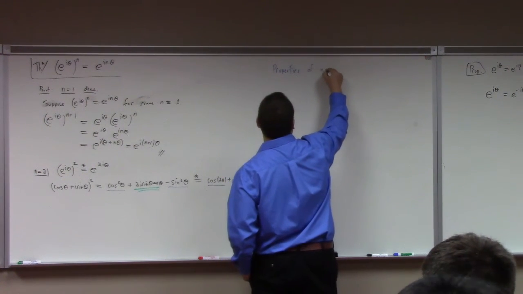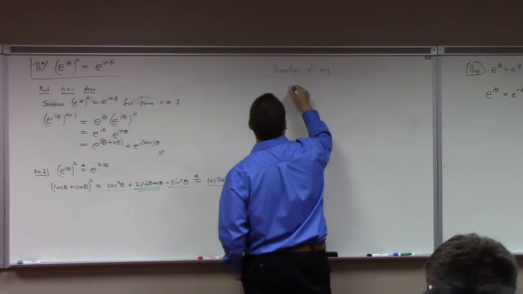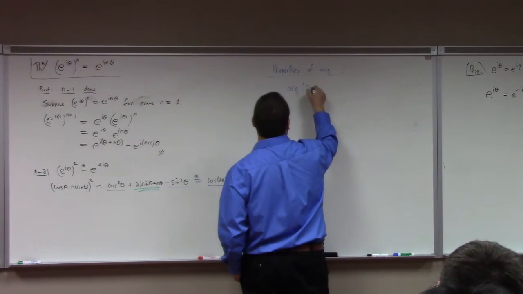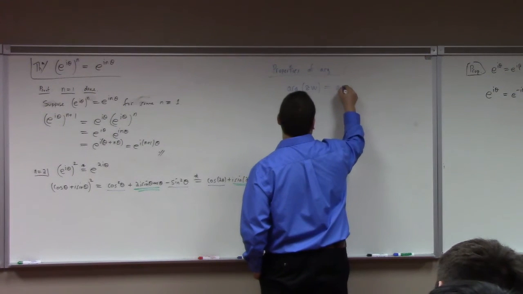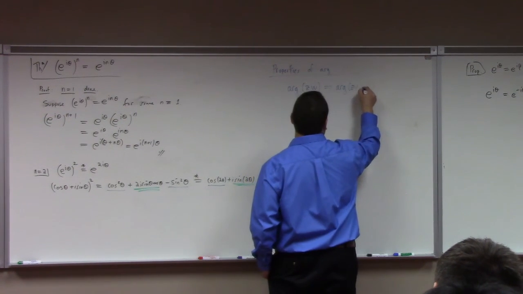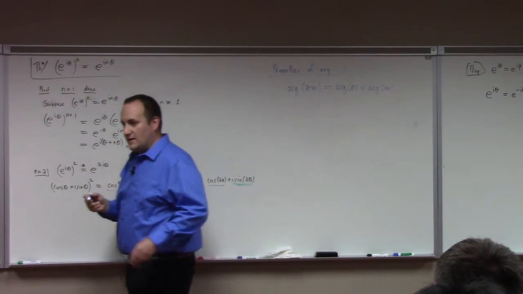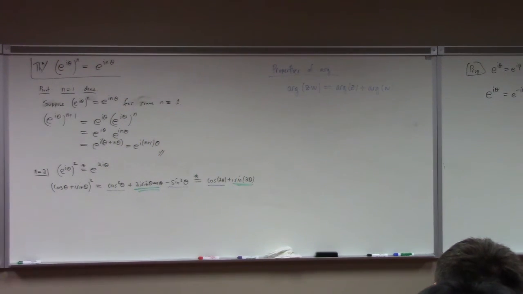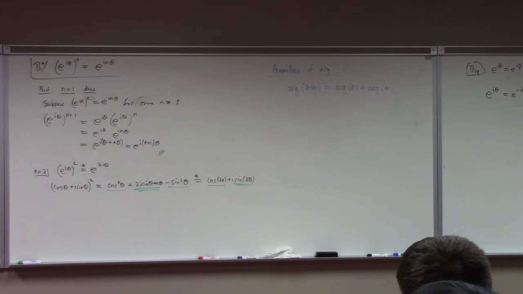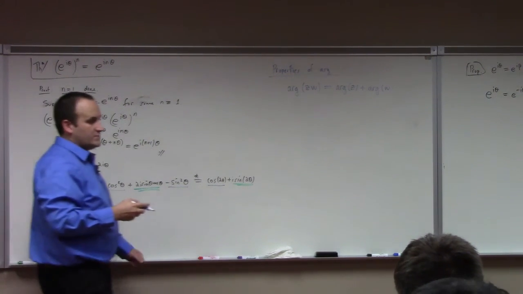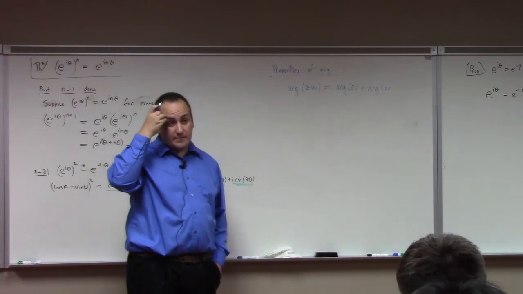Properties of little arg. So arg of the product zw is equal to the argument of z plus the argument of w, where the addition of sets is defined in the natural way, right? You just look at all possible sums of the things in the set. That is in fact true, all right?